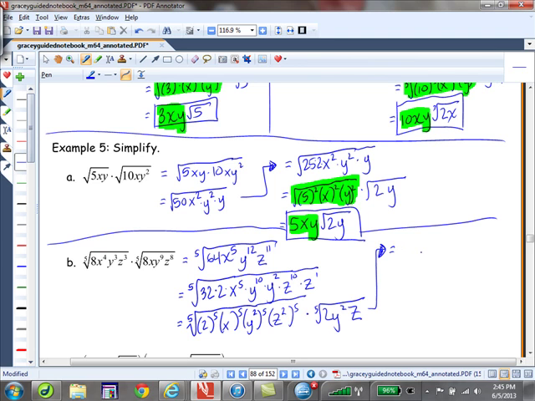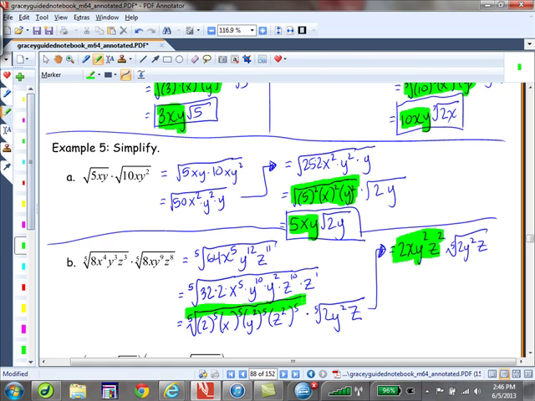So I will get 2x y squared z squared times the 5th root of 2y squared z. And this here is equivalent to all this. Okay.